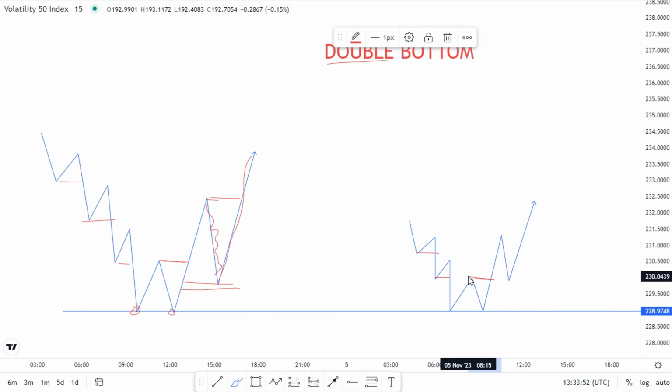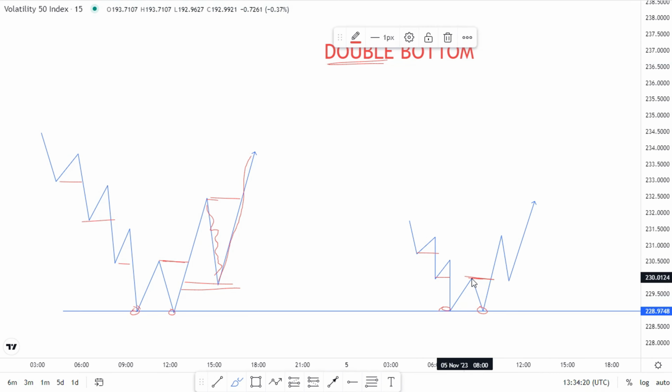The market tapped for the first time here around the support and failed to break it. So after this consolidation, it was rejected again from breaking this support for the second time. So this is the actual meaning of the word double, which means twice. So first tap and second tap means double. After the second tap, this market changed its character around these areas here.